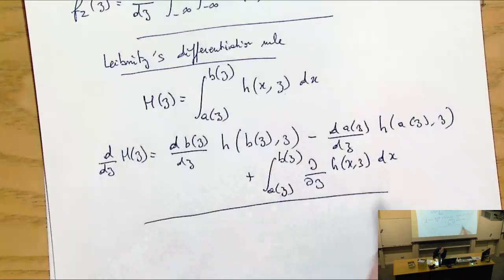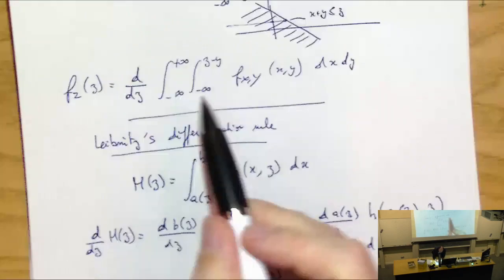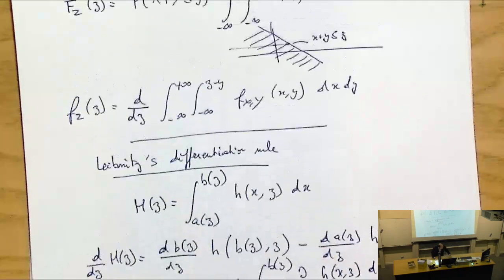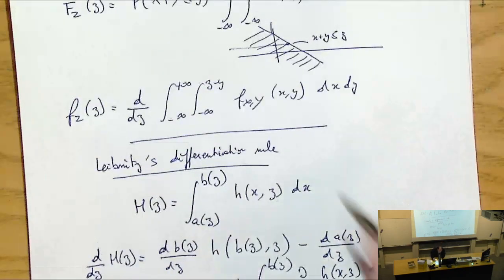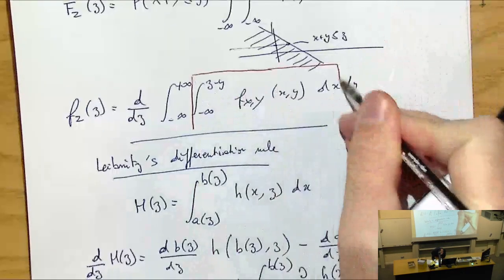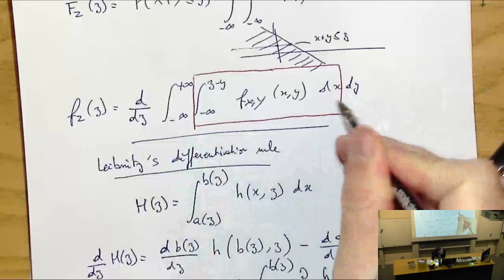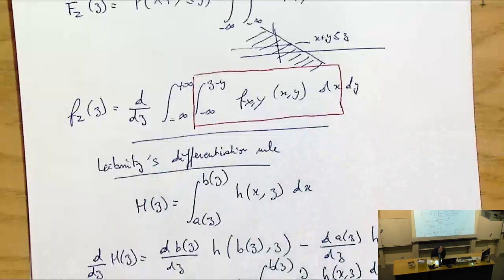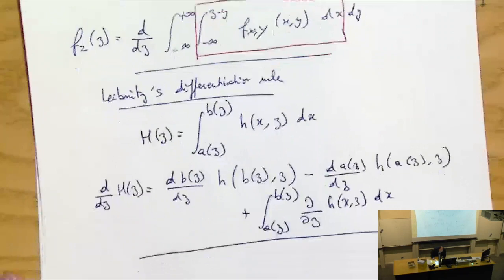So we can actually apply Leibniz twice because we have two integrals. I can distinguish the two: I have one integral here, and I have the outer one. So let's look at that.